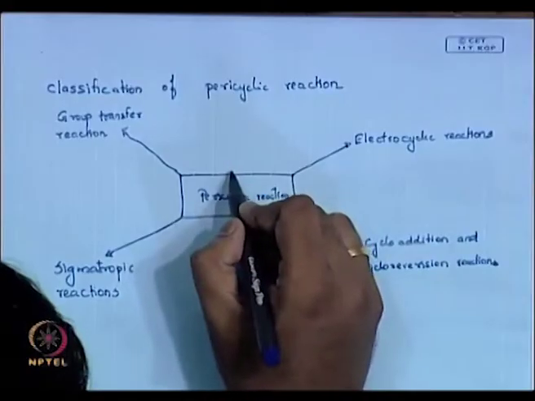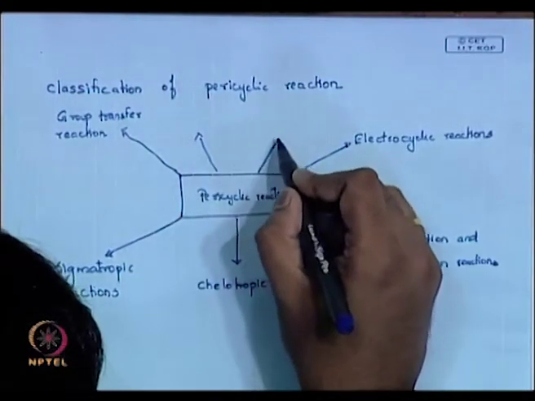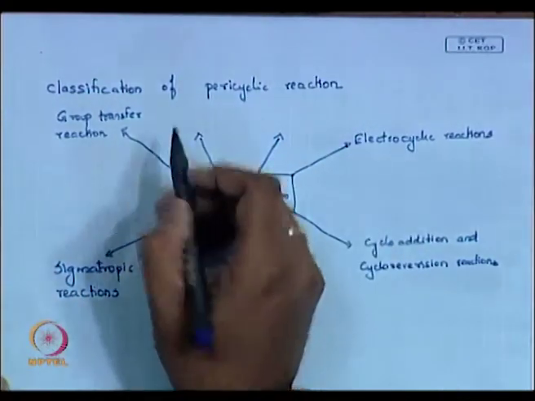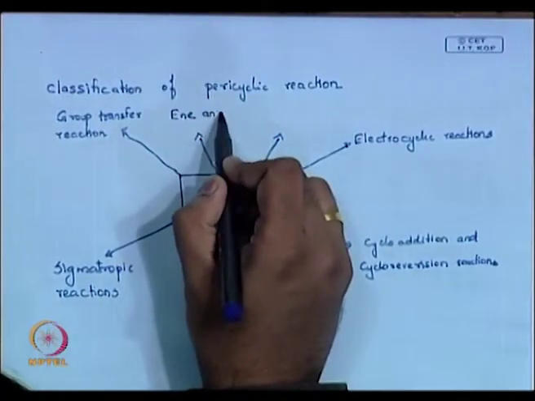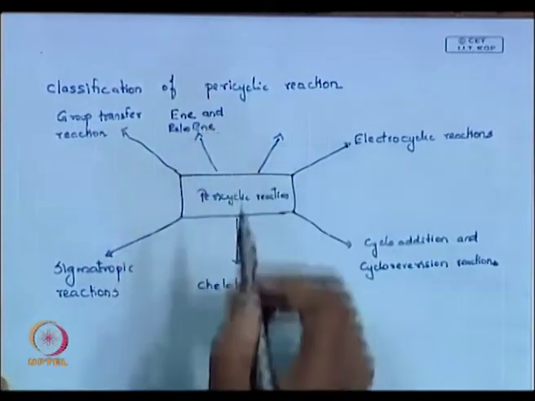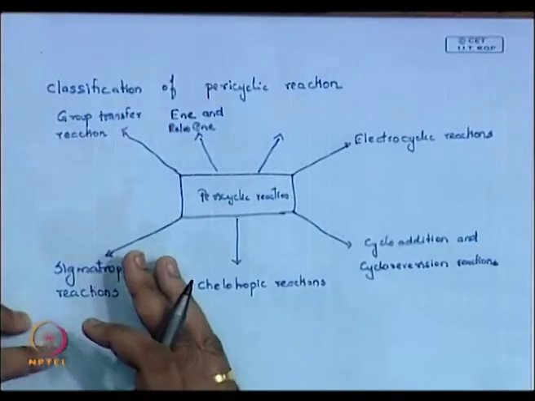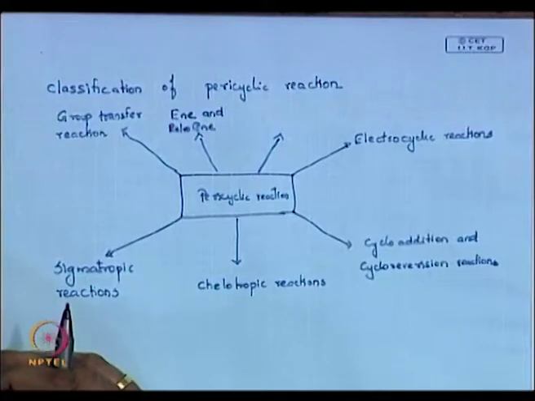And then the 2 other minor which you can think about, it's your ene and retro-ene. See, some people put this ene and retro-ene reaction inside your group transfer reactions, but they have a separate class, ene and retro-ene reactions, which you can study.